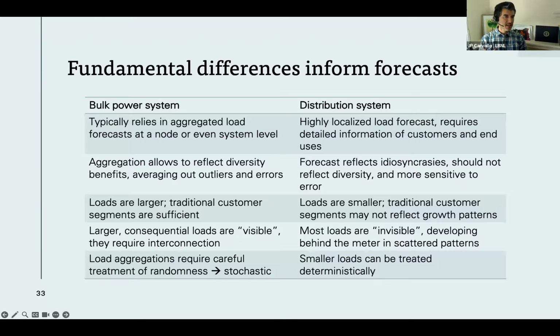So if you're going to take anything from my presentation today, it is this particular table that highlights the differences between forecasts developed for bulk power systems versus forecasts developed for distribution systems. I'm going to go row by row, highlighting different elements here. In the bulk power system, it typically relies on aggregated load representations.